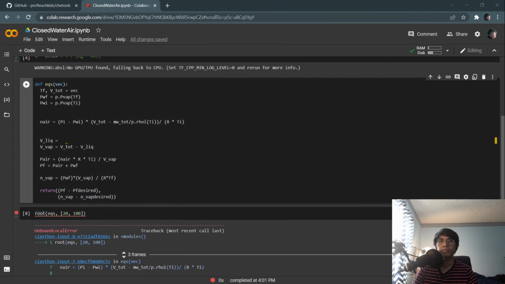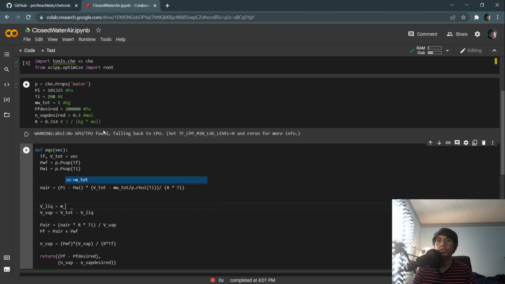The volume of the liquid equals the mass total, the mass of the water, and then minus our mass of the water vapor, which hasn't been defined, which is good because we're going to do that next using our moles over molar mass. And that is all over the density of water.